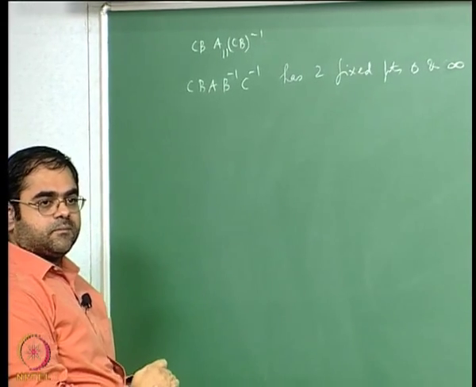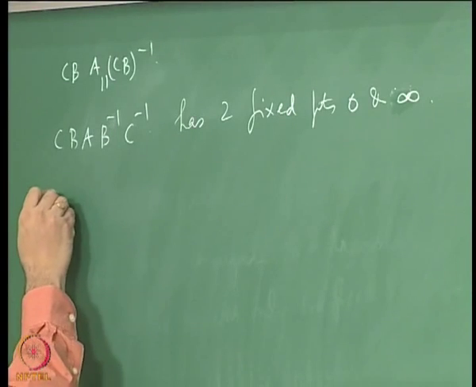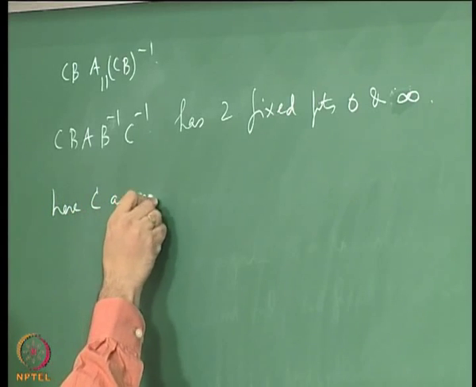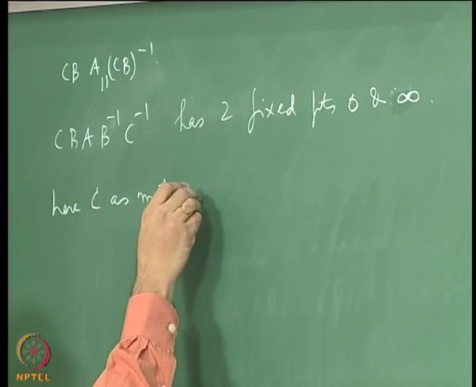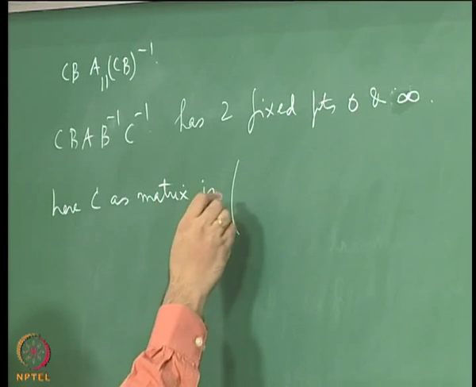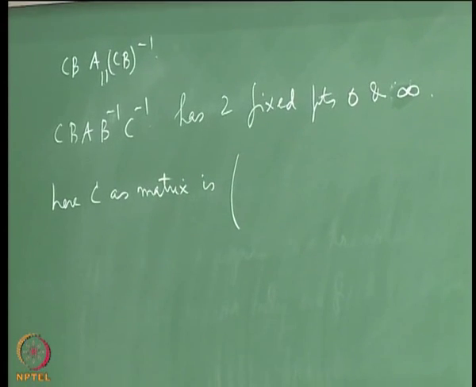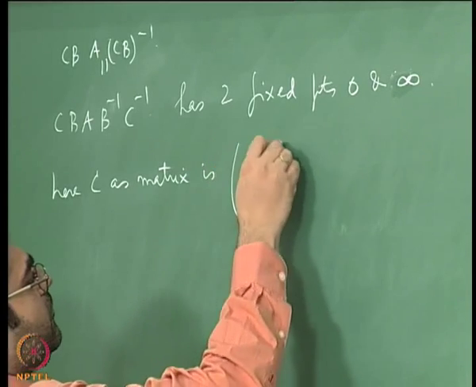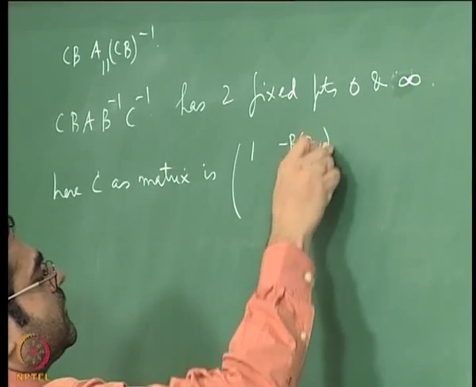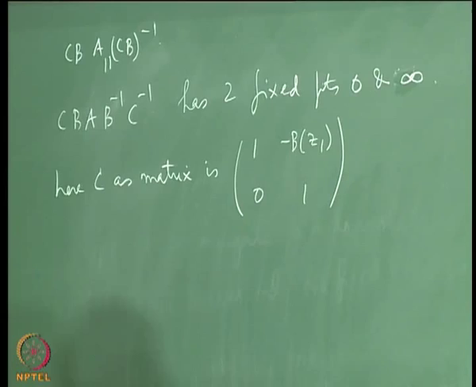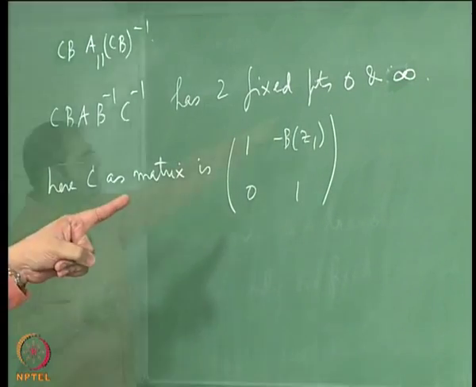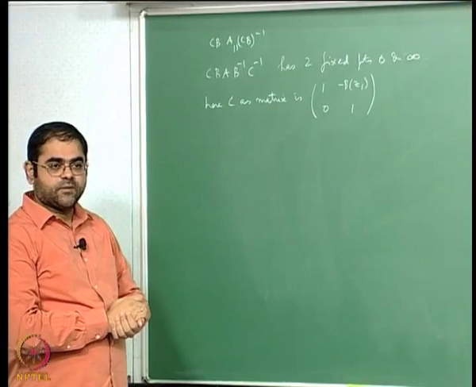Mind you, C as a matrix is a translation by minus B of Z1, so it is 1, minus B of Z1, 0, 1, which is already in SL2.